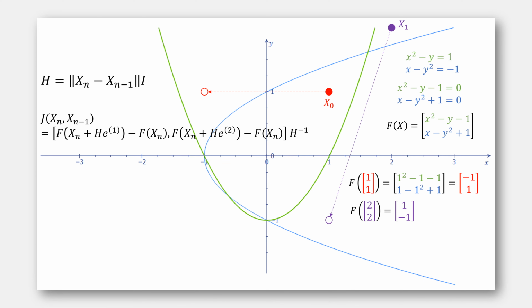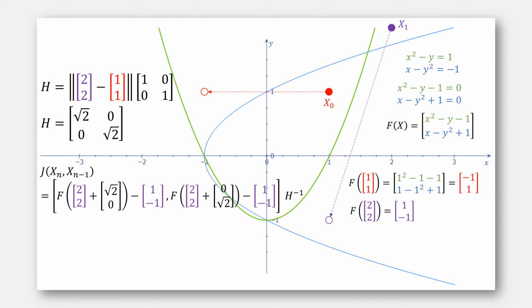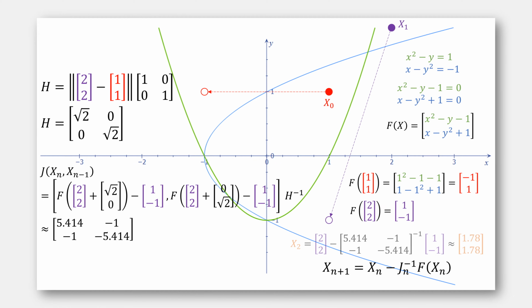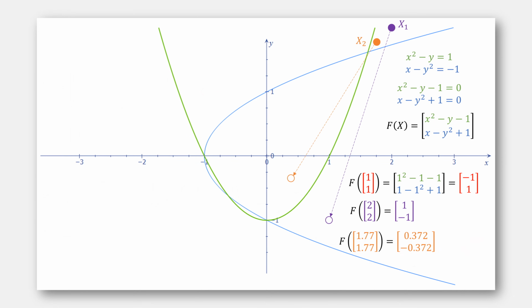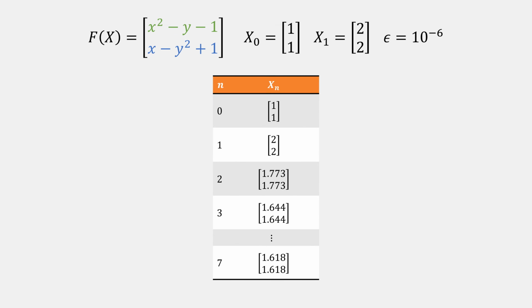And then plug it into our equation from Robinson, giving us this value for H, which we then use as our Jacobian approximation, and then apply Newton's method, and we get a value for x2. And then use our last 2 points to come up with the next approximation for H, and repeat the process. Here's our entire sequence converging in 7 iterations.